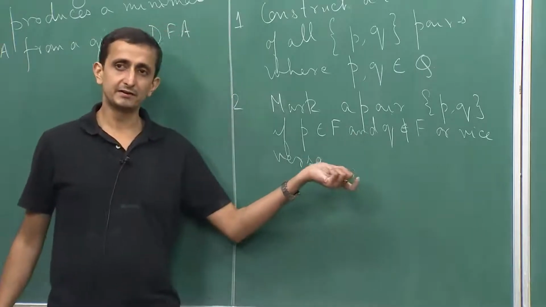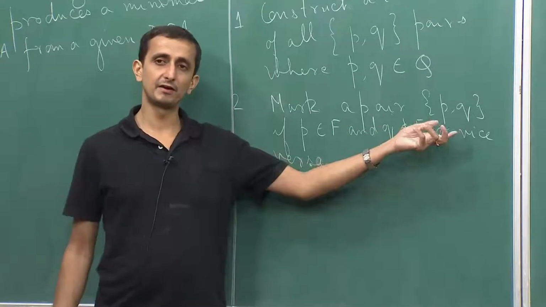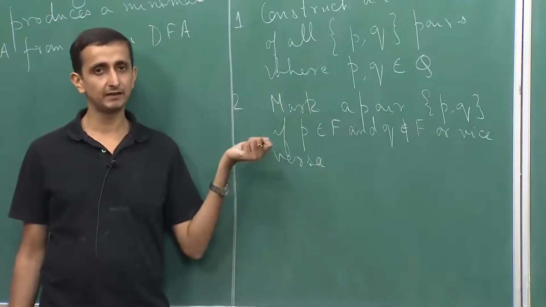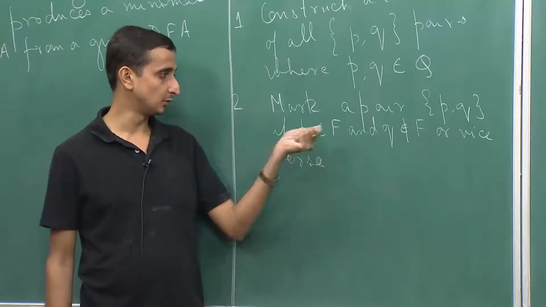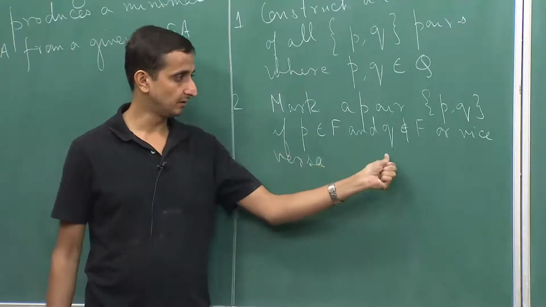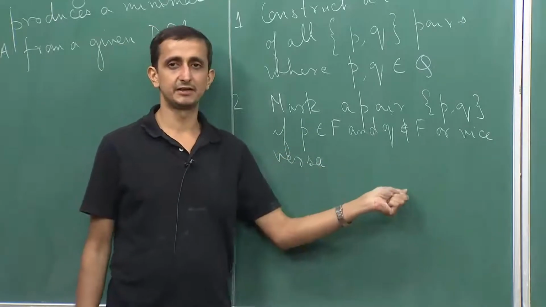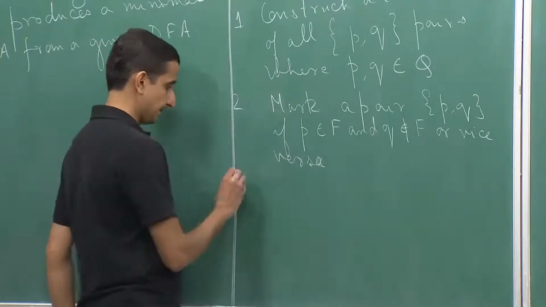So look at all these pairs and mark a pair p, q if one of them is an accept state and the other is not. Maybe p is accept and q is not accept, or p is not an accept state and q is an accept state. We mark all those pairs.